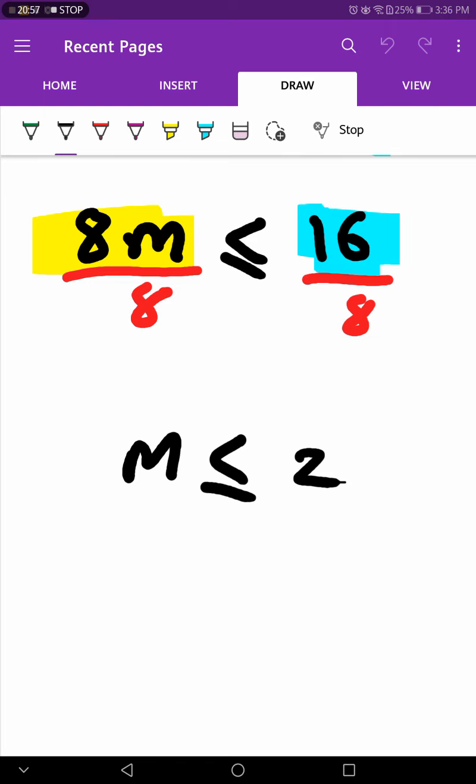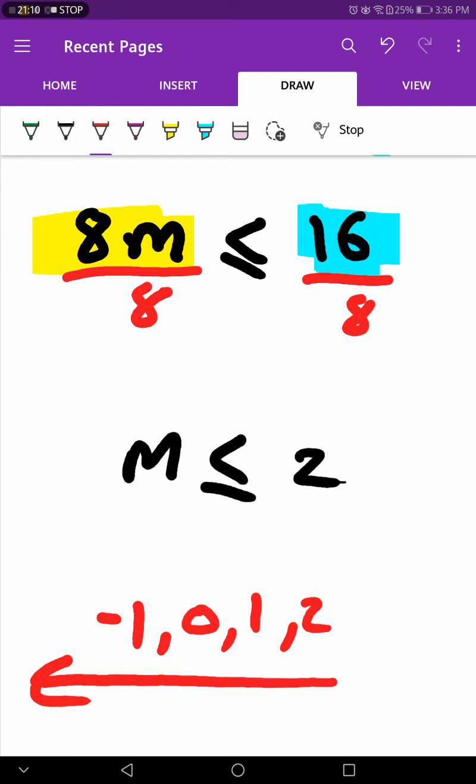Less than or equal to 2. So the solution is 2 or 1 or 0 or negative 1. Any number from 2 and down is the solution. But any number greater than 2, no, it is not the solution.